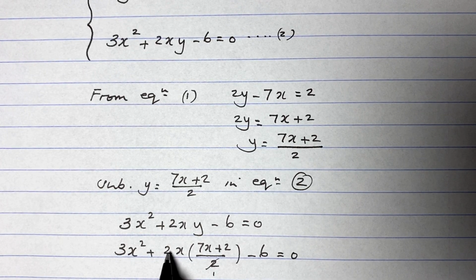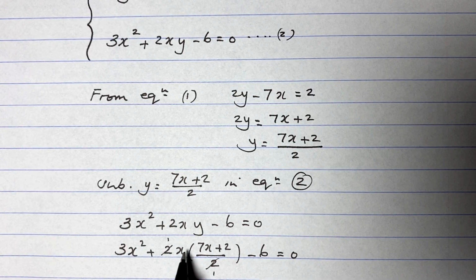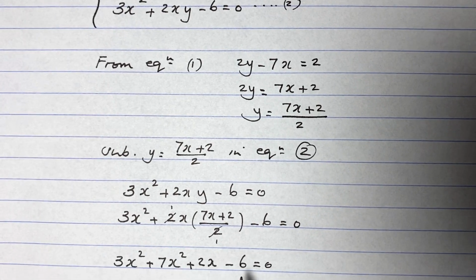Fortunately, that 2 and that 2 will cancel. So our equation is not as bad as I thought. Multiply x times 7x, that's 7x squared. x times plus 2 is plus 2x. Minus 6 equals 0. I'm going to tidy this up.